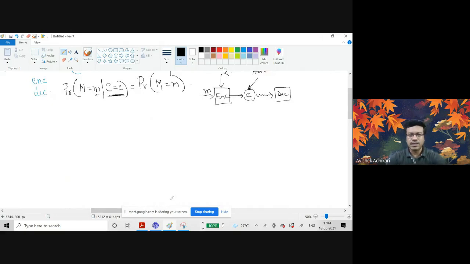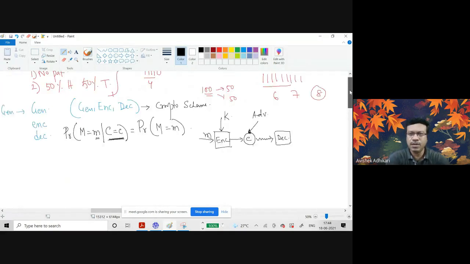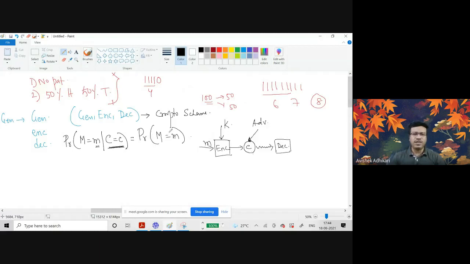What it says is that the probability or the information that you have on the message M is the same as the information that you have on the message even if you have the ciphertext at your hand.